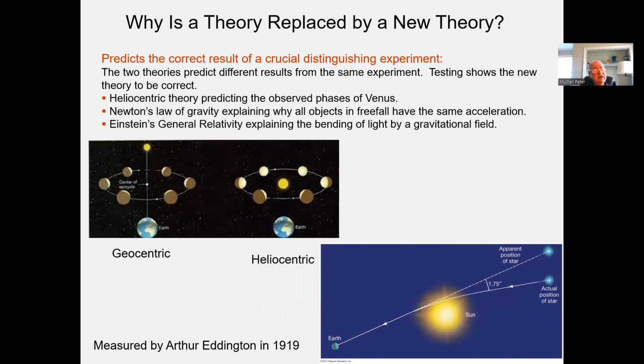An example of that would be the heliocentric theory of Copernicus being able to predict the observed phases of Venus, just like the phases of the moon, going through a quarter moon, a half moon, a full moon. Venus does the same thing. This was predicted, but not seen until the telescope of Galileo.